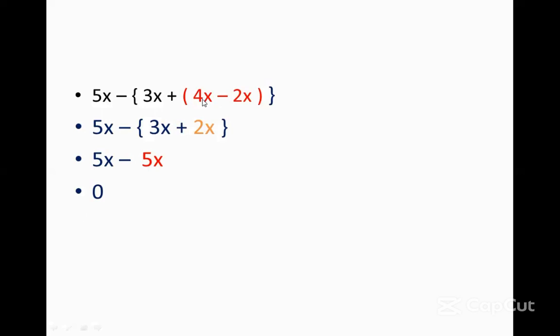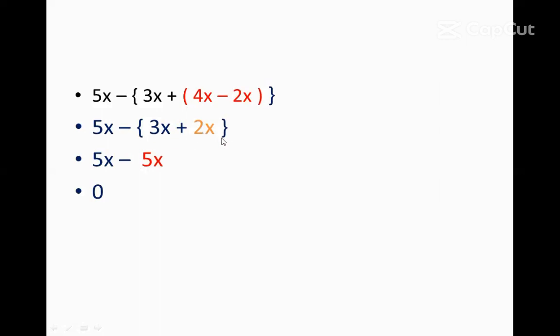Now first of all, we are going to solve this bracket, that is parenthesis. Now 4x minus 2x. We will write x one time, and 4 minus 2 is equal to 2x. Now the bracket is open. Now 3x plus 2x is equal to 5x.